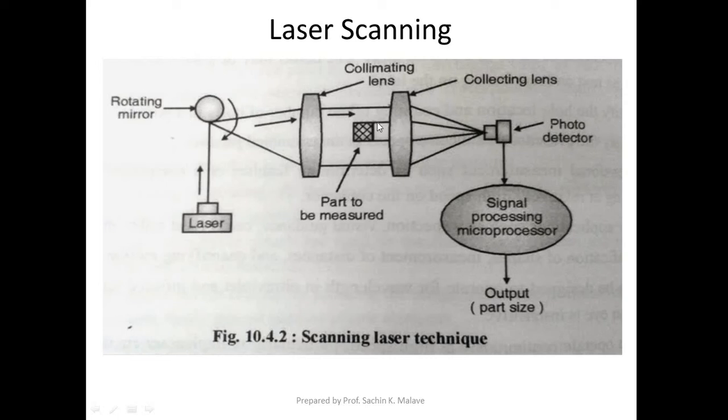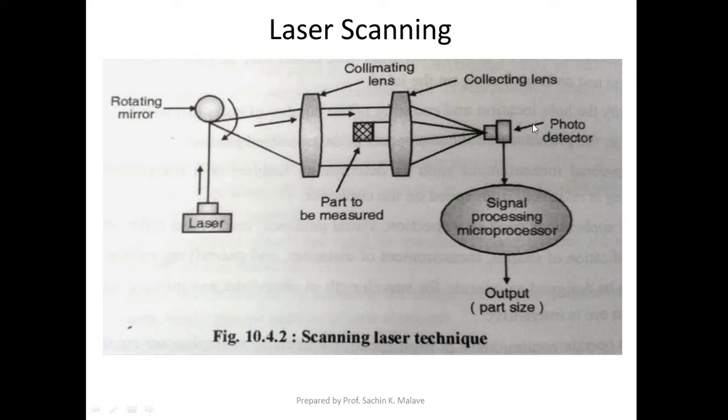But the photo detector is not going to sense the light when there is an object in between this collimating lens and collecting lens. So the photo detector senses the beam except when it is interrupted by the object in its path, okay.